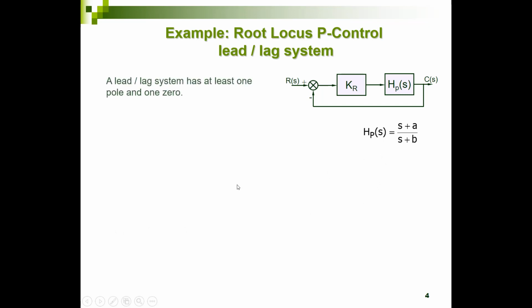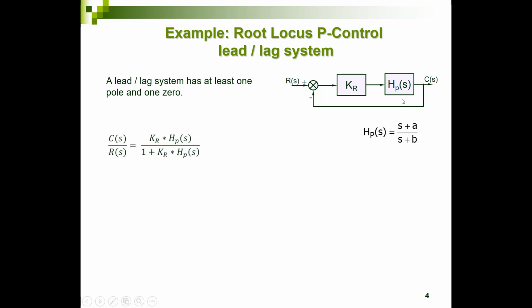A lead lag system has at least one zero and one pole, and in this situation HP is S plus A divided by S plus B. So that's the system HP over here. Again we can calculate the feedback transfer function between the output of the control system C and the input R, in the same way as with the first order system.